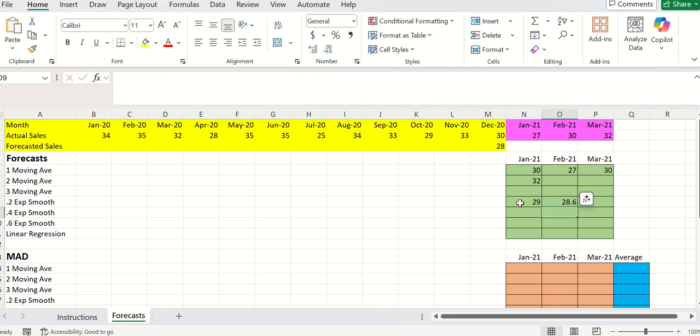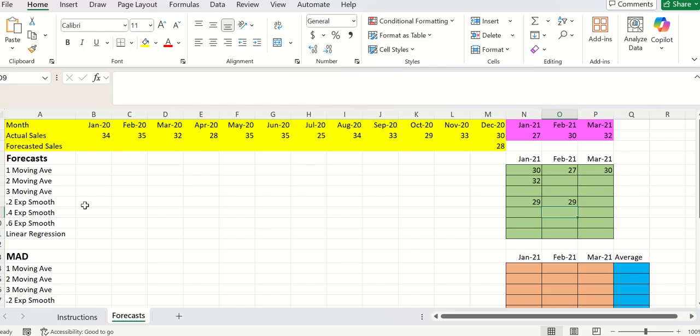Okay. Now, 28.6 is my new forecast, and I'm going to round that up. All right, now you should be able to see how to do all of your exponential smoothing to get to the end. The last thing that we want to look at is linear regression.